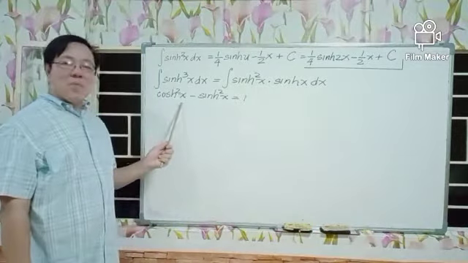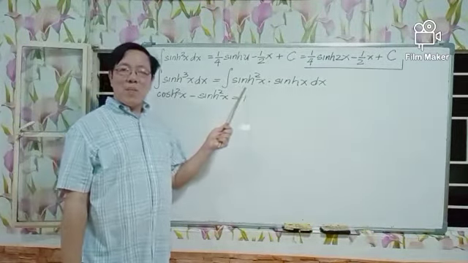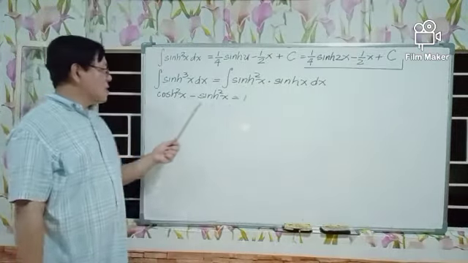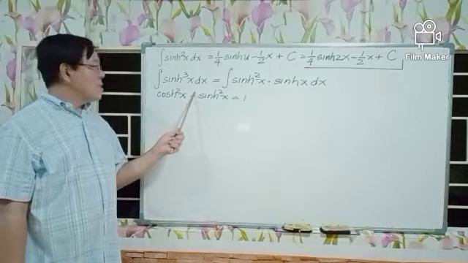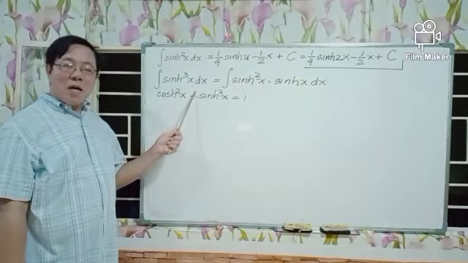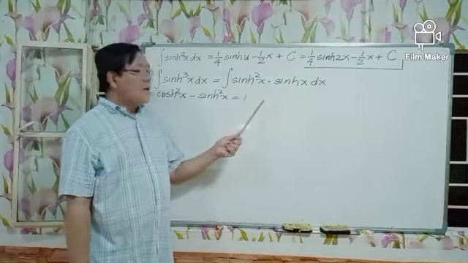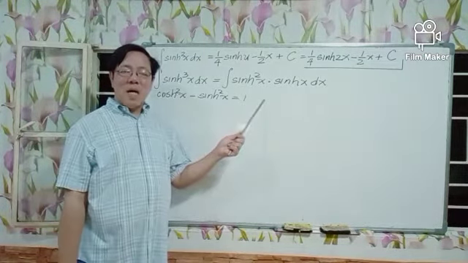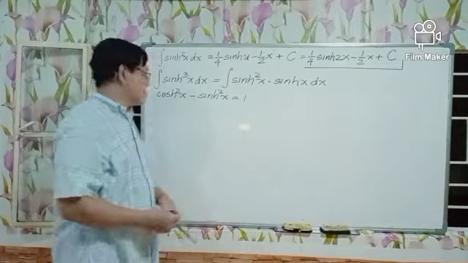And to make use of this identity, we solve for the square of hyperbolic sine of x from this equation. We transpose negative hyperbolic sine square of x to the right hand side and it becomes positive, the square of hyperbolic sine of x.